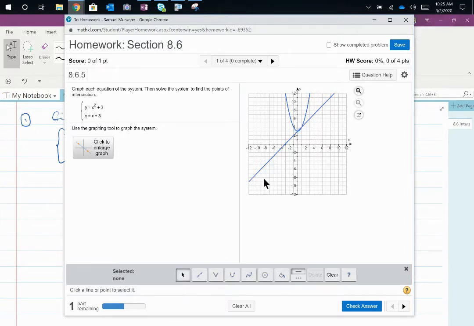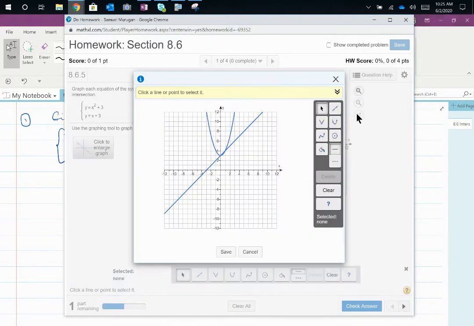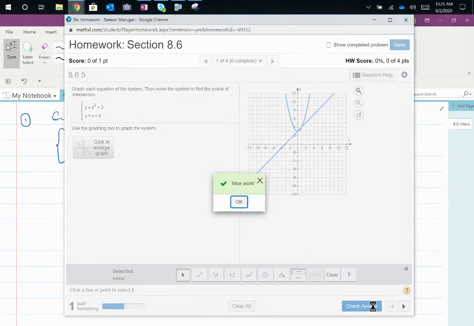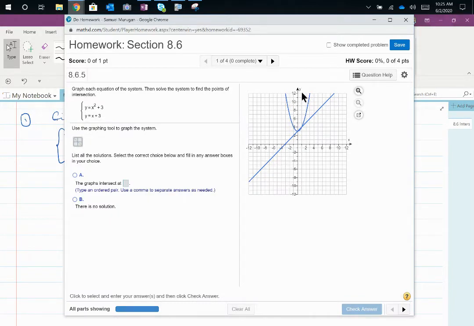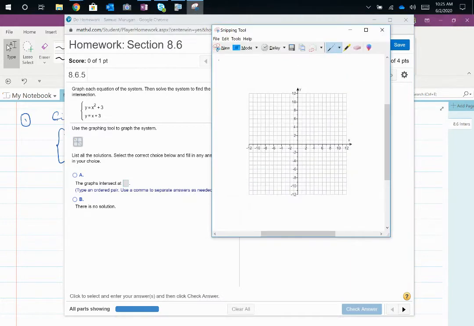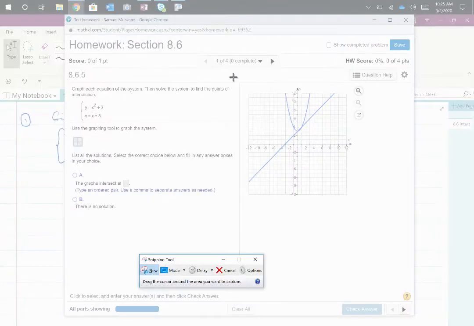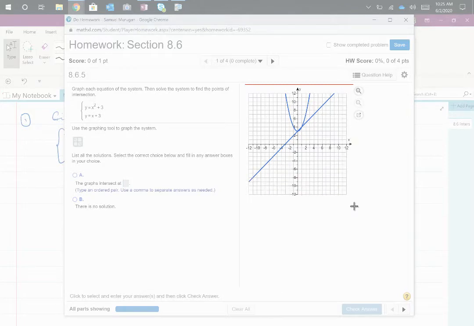Okay. So my parabola looks okay, and you want to perhaps open it out and look at it. Then save. And if it's not correct, it's going to tell you that it's not correct. But in this case, we have a correct graph, yeah? So we're going to go ahead and copy that graph into our notes as well.